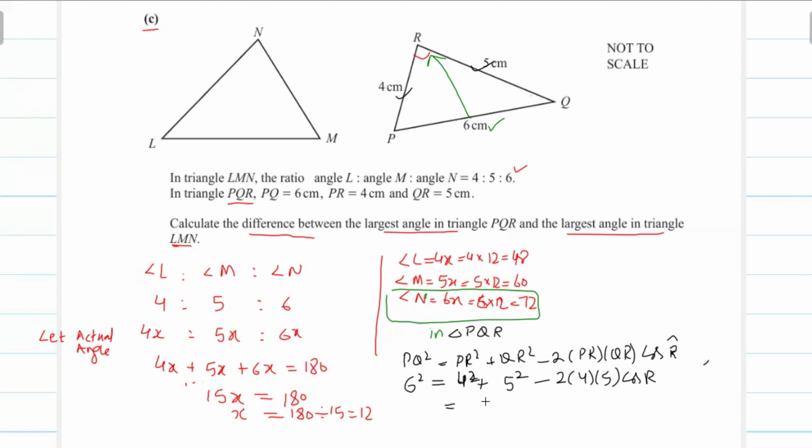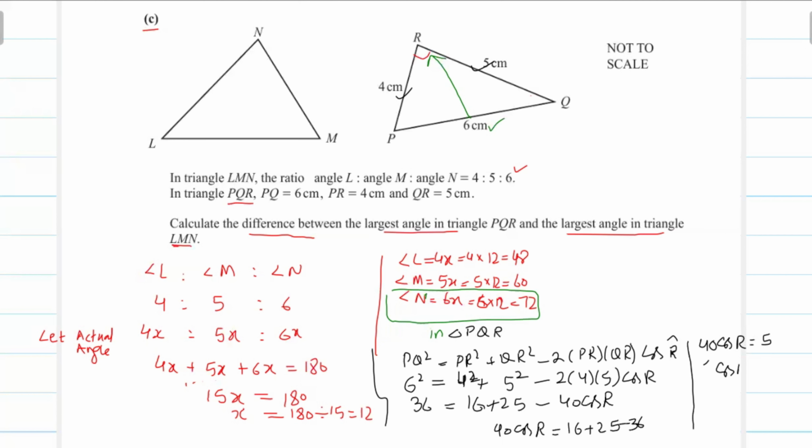Therefore, we can write it as 36 equals 4 square is 16 plus 25 minus 40 cos R. We shift the 40 cos R from right to left side. It becomes positive 40 cos R equal to 16 plus 25. We shift the 36 from left to right side. 40 cos R will be equal to 5.